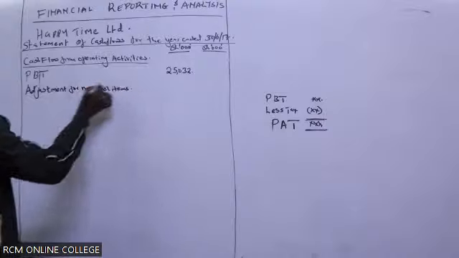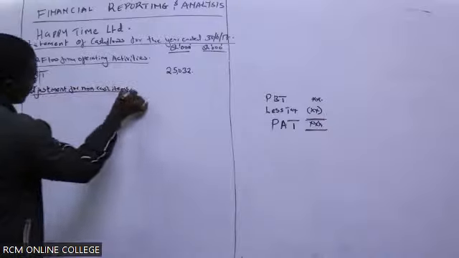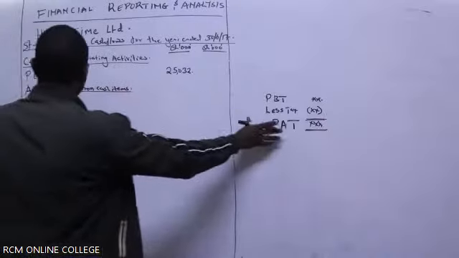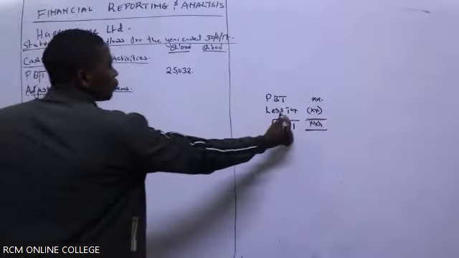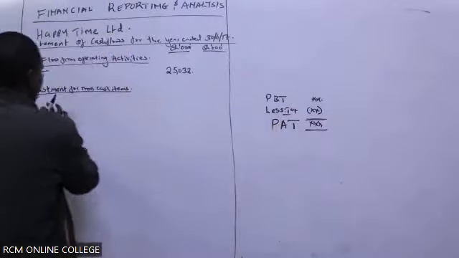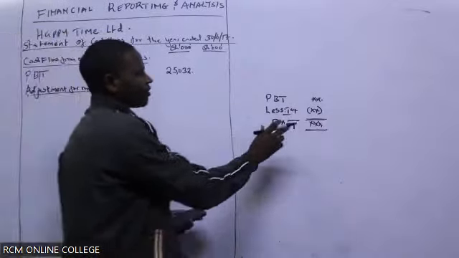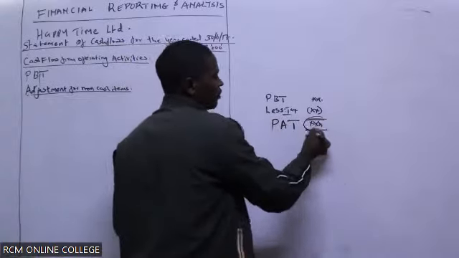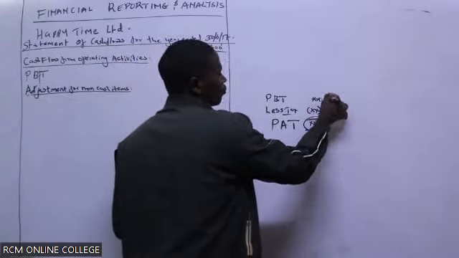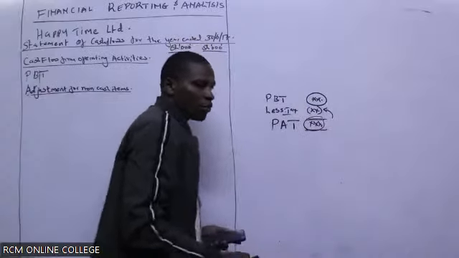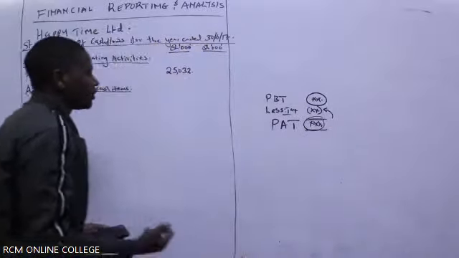Adjustment for non-cash items. This is very important. In this regard, you are going to add tax expense here. When you add tax expense here, that means you have returned it back to the profit before tax. Please note that. It is important.